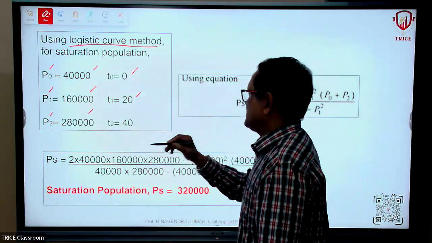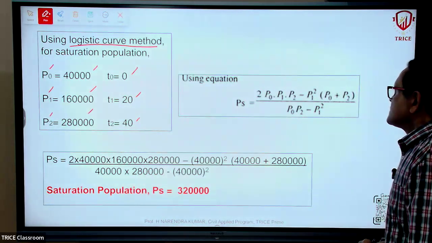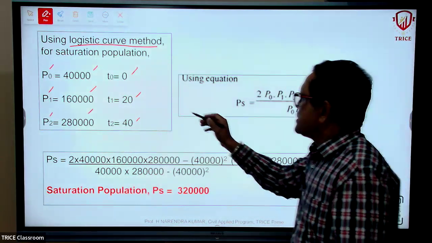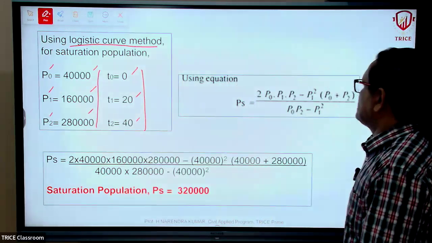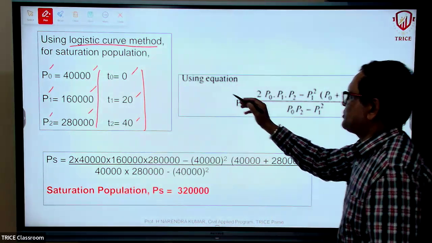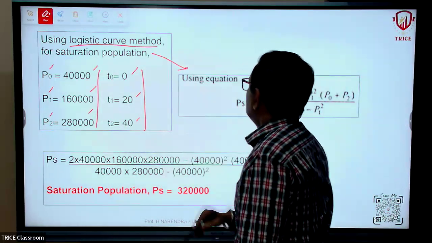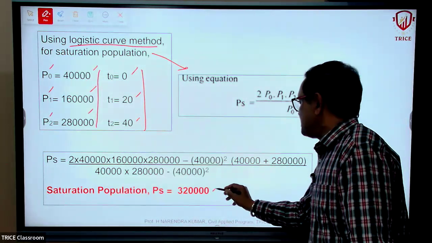So T2 is 40. But this is not useful for us. Only this is useful, because this is the formula for the saturation population. Using this equation, we can calculate the saturation population.